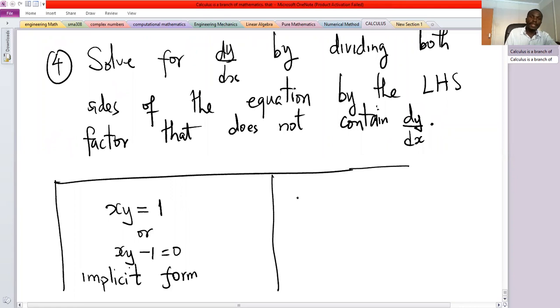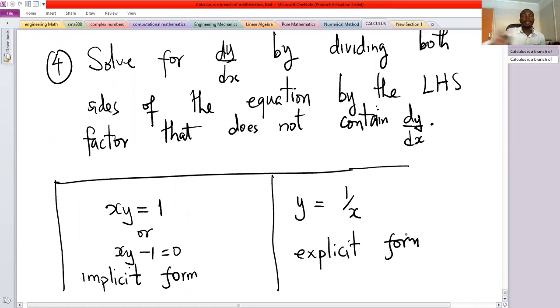And when we say y equals 1 over x, then this is what we call explicit form. So explicit form means that one variable is on one side and the other side is taken by the other variable. But for implicit, one side has terms which have all the variables under consideration.